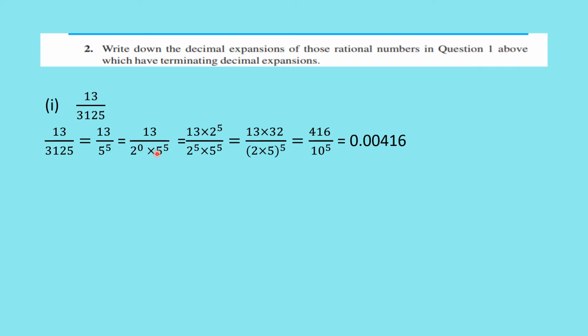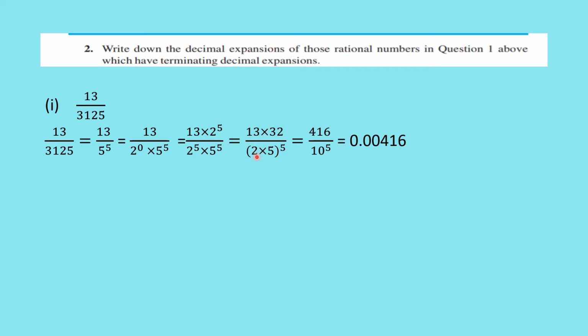For that, since here you are having 5 raised to 5, to make the denominator 10, instead of 2 raised to 0 there should be 2 raised to 5. So you have to multiply the numerator and denominator by 2 raised to 5. So the numerator becomes 13 multiplied by 2 raised to 5 upon 2 raised to 5 multiplied by 5 raised to 5, that is 13 multiplied by 32.